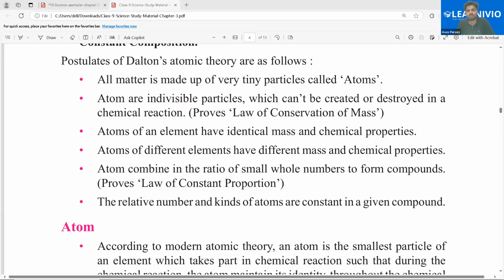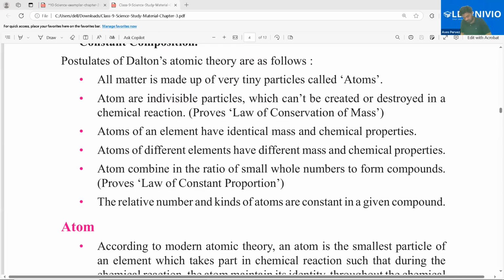Okay. Bharti, what are the postulates of Dalton's theory? Matter is made up of tiny particles called atoms. Atoms are indivisible particles which cannot be destroyed or created in a chemical reaction.